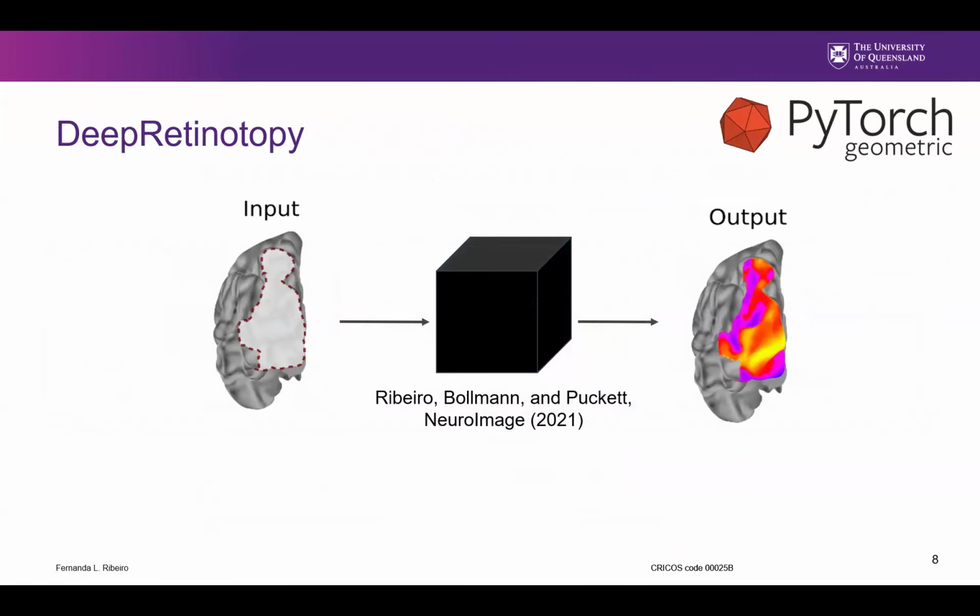DeepRetinotopy is a geometric deep learning model. So it's just a fancy type of geometric deep learning models that allow us to learn representations on cortical surface models. And you will see that it really makes sense to use geometric deep learning in the next slide. But we built this model to essentially learn this complex relationship between the functional organization of the visual cortex, retinotopic organization, and the underlying structure.